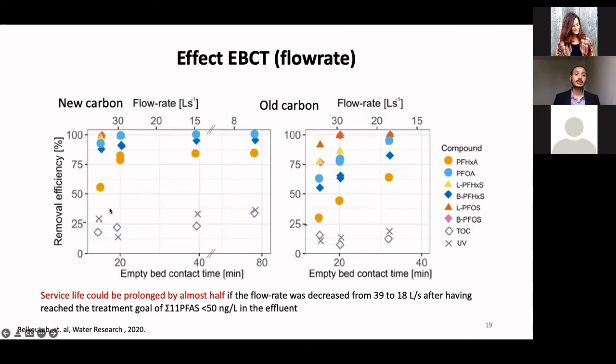As you can see, the removal efficiency was much better with higher empty bed contact time or lower flow rate. And this improvement in removal efficiency was significant for the old carbon compared to the new carbon. The study concluded that the service life of the carbon material can be prolonged by almost half if the flow rate was decreased, so that we can retain better PFAS in these systems.